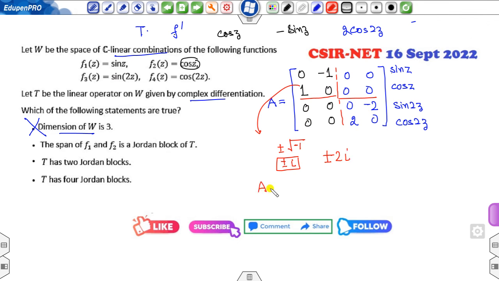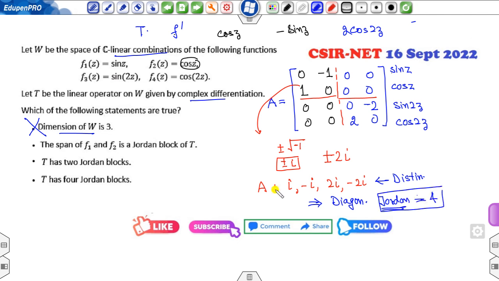So the eigenvalues of this matrix are iota, minus iota, 2 iota, minus 2 iota, and you can see all these numbers are distinct. Once they are distinct, it means the matrix is diagonalizable. So how many Jordan blocks? Once the matrix is diagonalizable, the Jordan blocks are the size of this matrix. So there are 4 Jordan blocks, and 2 is wrong.